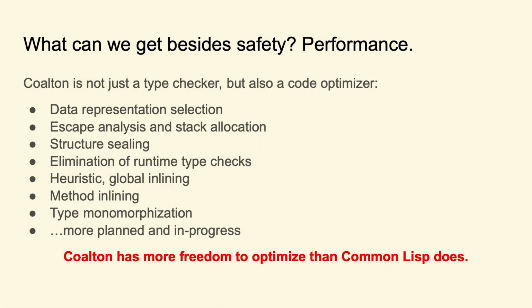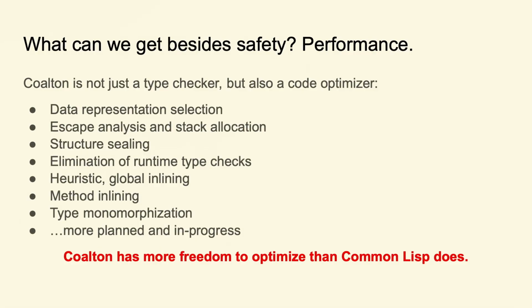It eliminates all runtime type checks because it's proving at compile time your program is type safe. So all the type checks, even the sneaky ones that you didn't catch with your speed 3, safety 1, or safety 0 or whatever, will just get eliminated. For SBCL specifically, it actually emits the, I don't remember what it is, SBC type check 0 or something like that. It has a heuristic global inliner. It has method inlining and type monomorphization, and there's a lot more that's being planned.